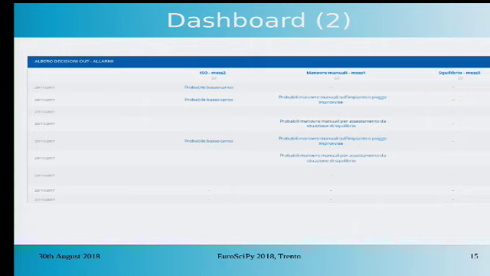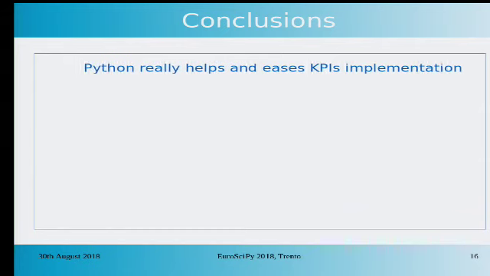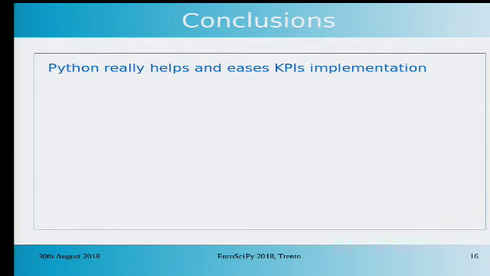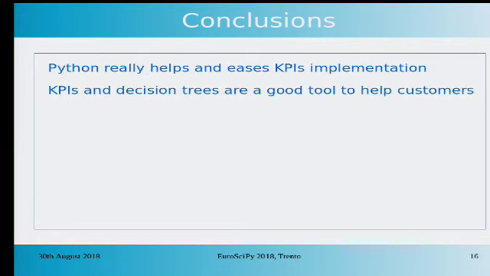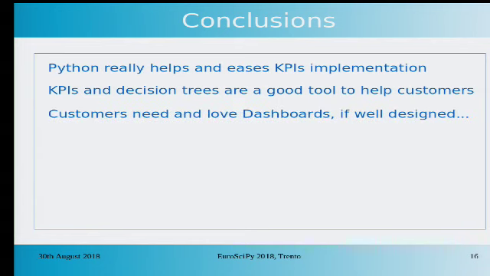So it's really easy to see for customers. So as a conclusion, I can say that Python really helps and eases KPI implementation with all the tools. And KPIs and decision trees are really a good help for customers, as we've seen.